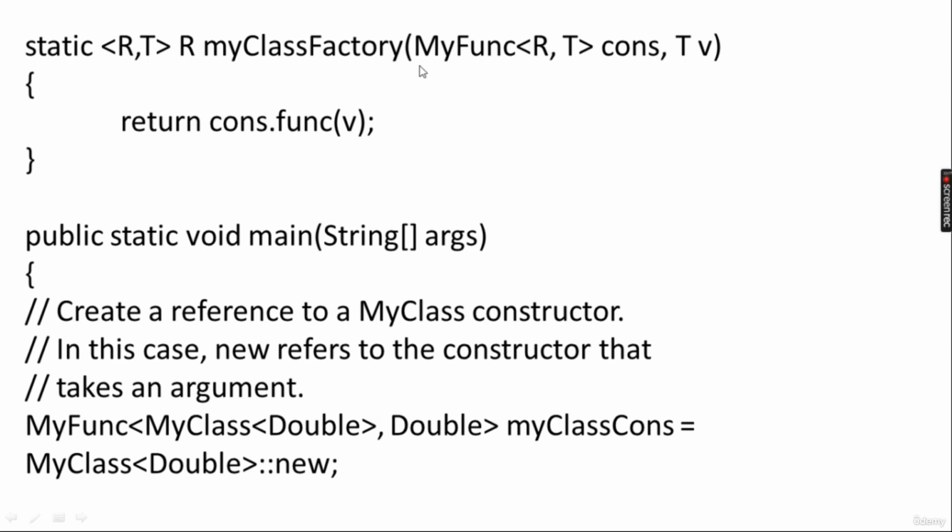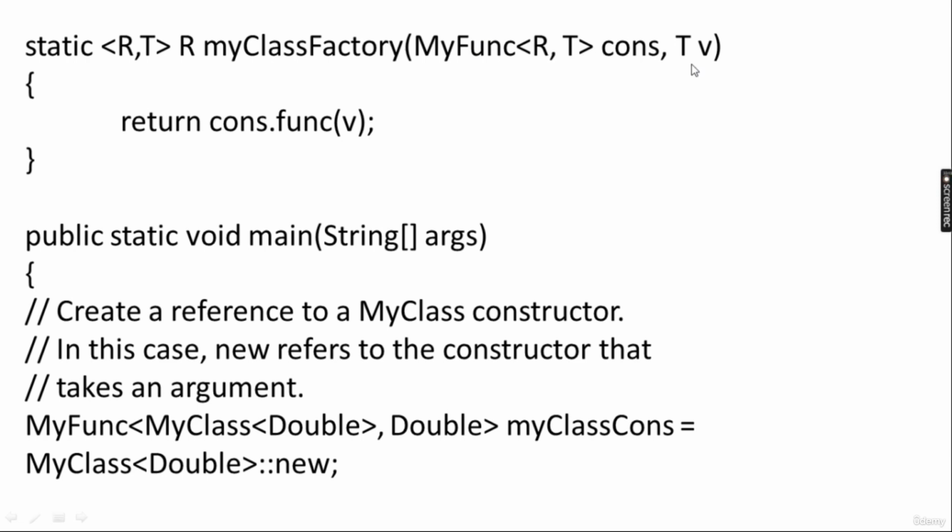My class factory, MyFunction<R, T> constructor, T v. So here the functional interface reference variable will be passed as constructor.